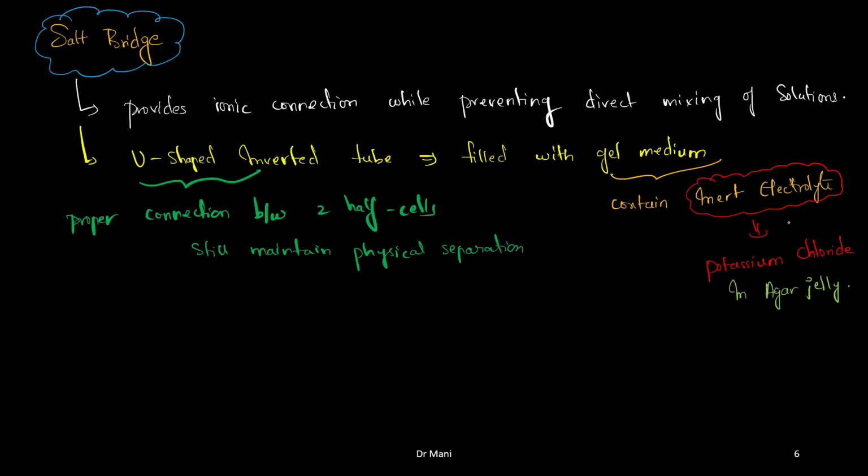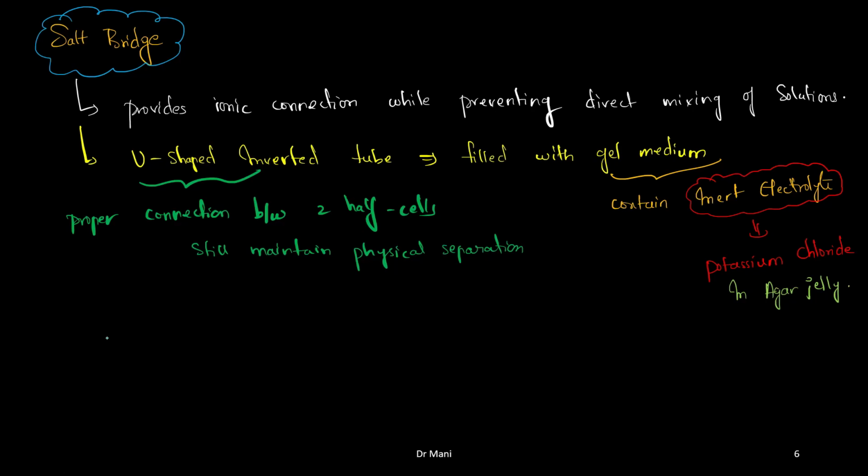So we are using here the gel medium, or you can say the gel matrix, that is nothing but agarose jelly, or some other jelly similar to this. What is the reason for this gel medium? It will prevent the bulk mixing of the solutions. The bulk movement will be prevented here, allowing slow movement of these ions.